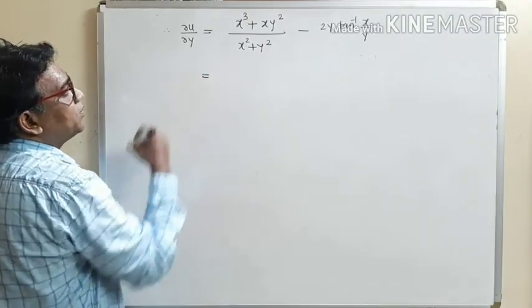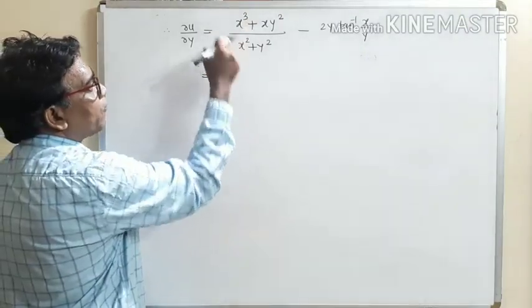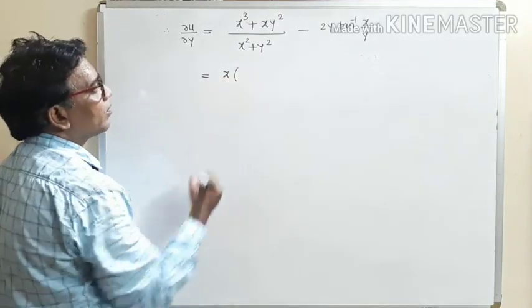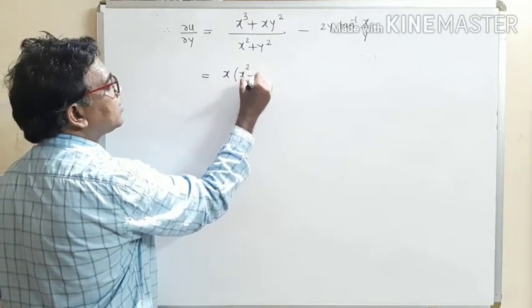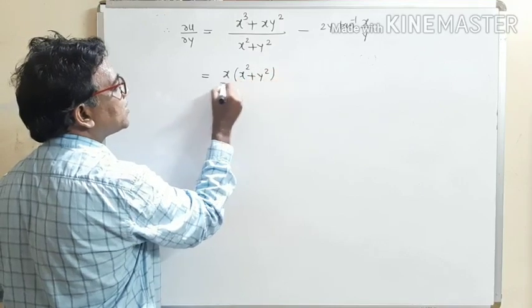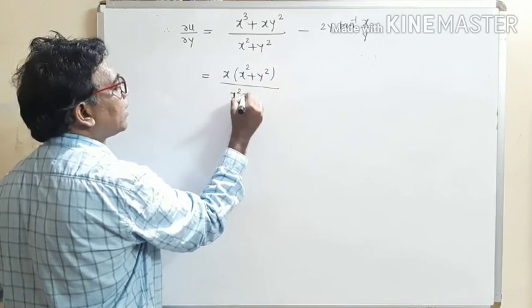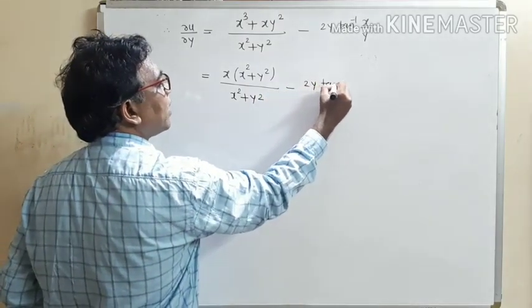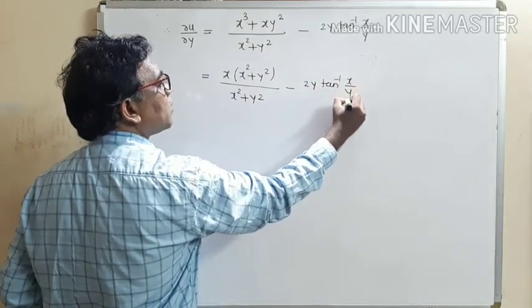So this is equal to, now from numerator take out x common, into bracket what is the remaining term, x square plus y square, divided by x square plus y square, minus 2y tan inverse x upon y.